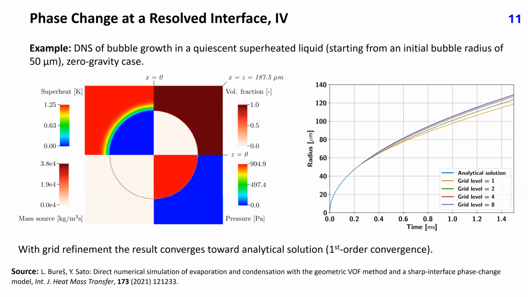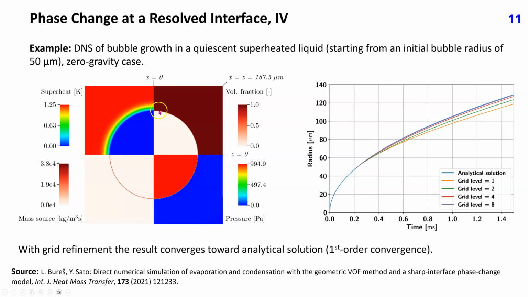The plot on the right shows that, with grid refinement, the results of DNS tend toward the analytical solution with first-order convergence. The left figure shows an instantaneous plot of four variables: superheat, that is the difference between liquid temperature and saturation temperature, the volume fraction field, the pressure field, and mass source in the equation for liquid volume fraction.